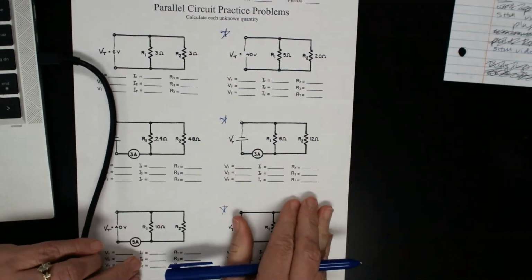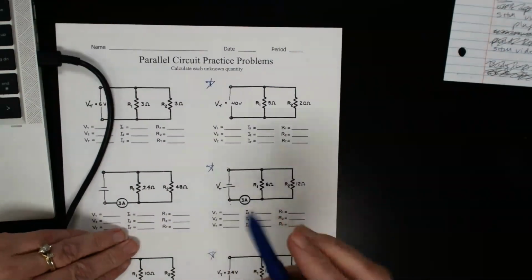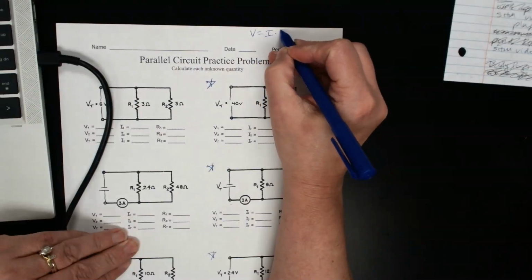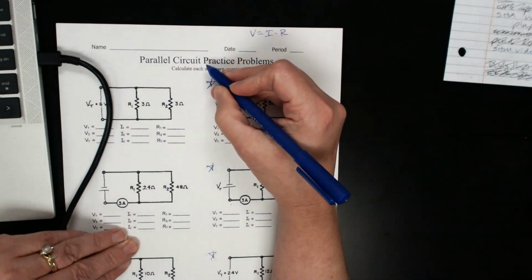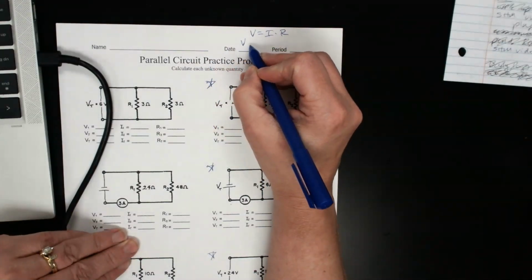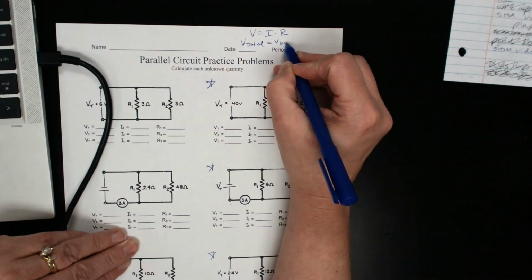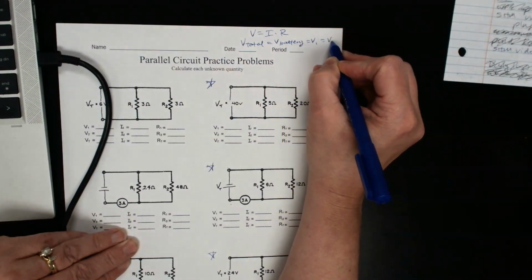We'll just see. So, quick recap on our rules for parallel circuits, okay? We're always using Ohm's law, voltage equals current times resistance. For parallel circuits, my total voltage equals my battery voltage, and that is the same for each component.